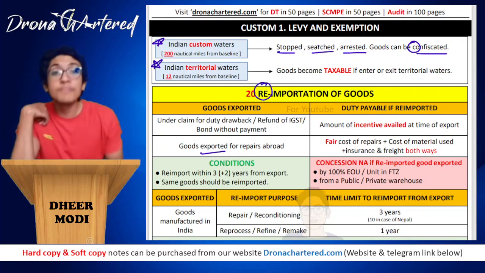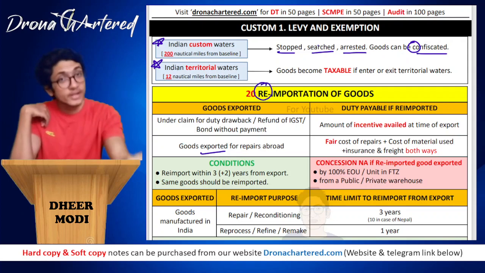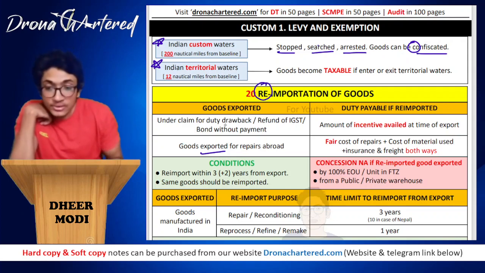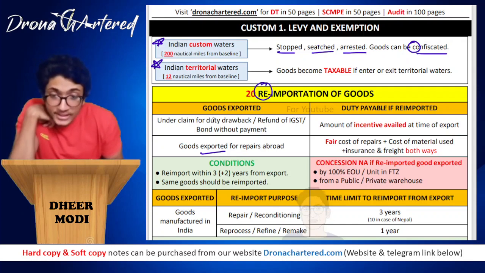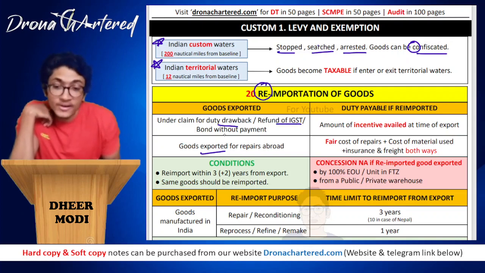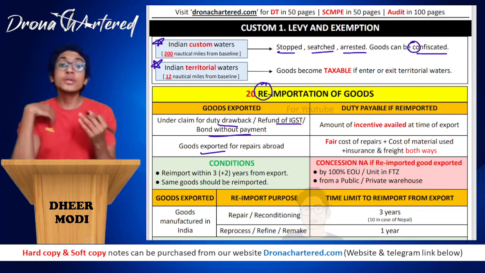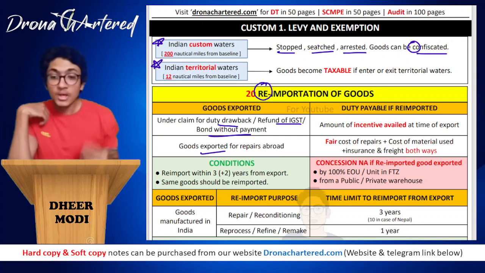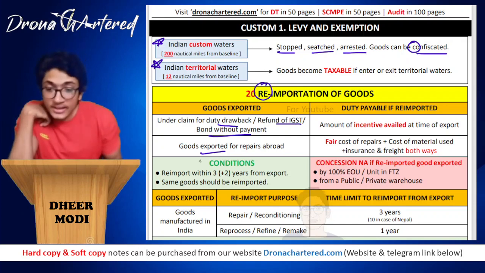Therefore it is called re-import, because you had exported and now you are re-importing. In such a case, you are doing it under a claim for duty drawback, refund of IGST, or through bond without payment. In such a case, there are some conditions that have to be followed.